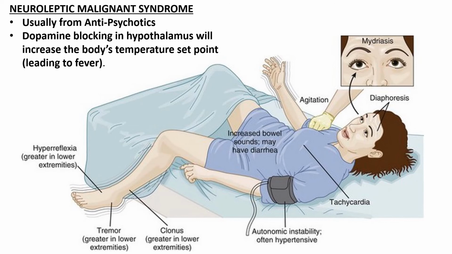They can have muscle rigidity, tremors. When you check their reflexes, they're hyperreflexic. So a very serious condition. Luckily, it's rare, and we can treat it with a medication called dantrolene. Okay, so that's the typical treatment for neuroleptic malignant syndrome.